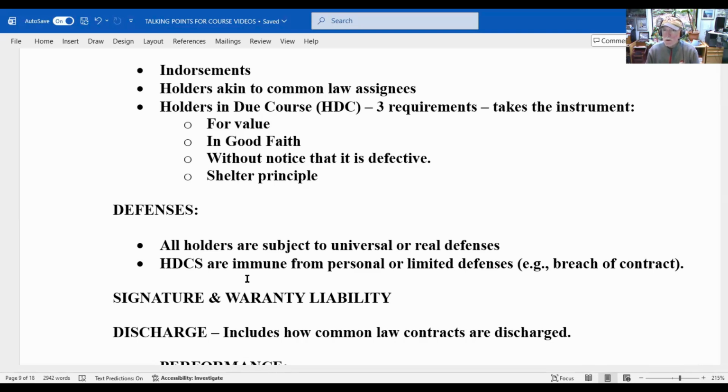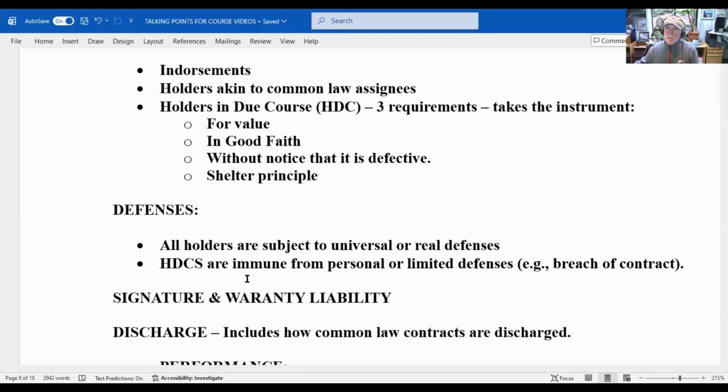So that's a personal defense, or others. There are also universal or real defenses, which go to some of the issues we discussed with basic contract law, material breach, if the party is a minor, that kind of thing, insanity.